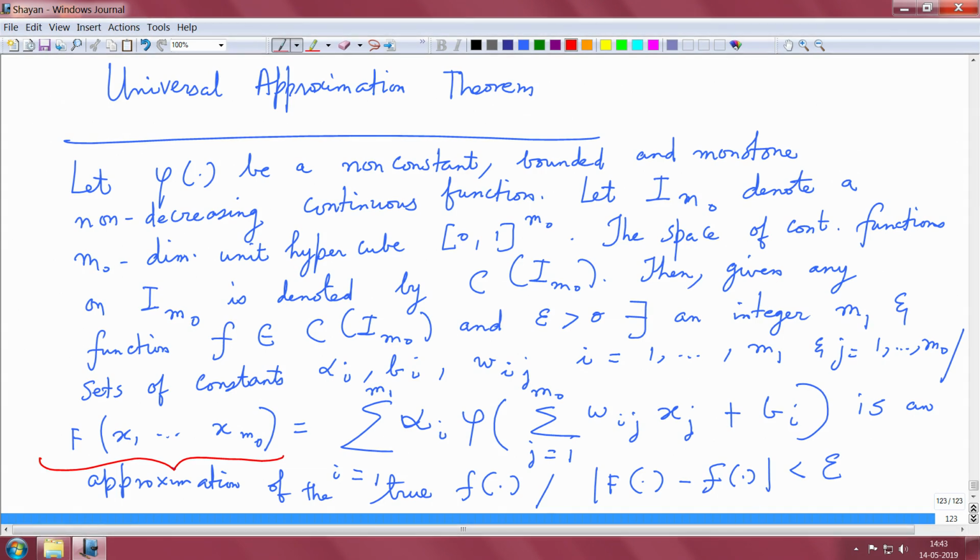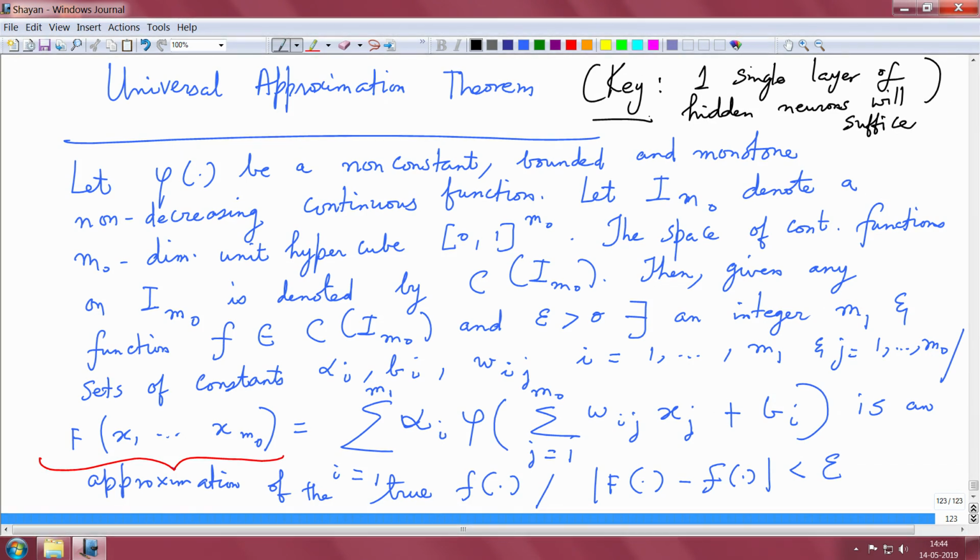And the hint is that you can use these hidden neurons, and a single layer of hidden neurons will suffice for approximating this continuous function, and that is the key. So, the key is one single layer of hidden neurons will suffice.